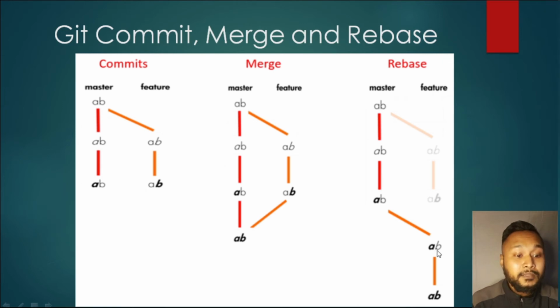After another process, the final content of both the changes committed in master and feature, denoted by bold and italics of A and B, is obtained, and this feature branch gets deleted, showing you a linear workflow in Rebase.